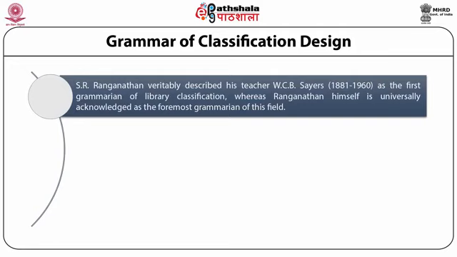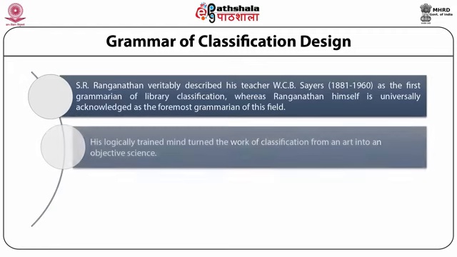At the same time, Sayers, paying his respect and love to Ranganathan, described Ranganathan as universally acknowledged as the foremost grammarian of this field. Ranganathan's logically trained mind turned the work of classification from an intuitive art into an objective science, which could be followed and worked upon even by not so gifted minds.